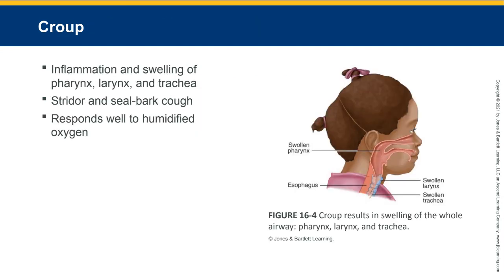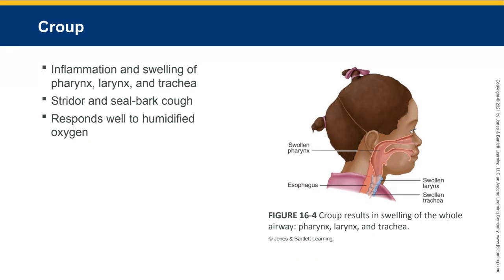Now let's look at croup. When you're going through this chapter, you need to group them. Group the conditions that affect the upper airway and group the conditions that affect the lower airway. Croup is inflammation and swelling of the pharynx, larynx, and trachea.